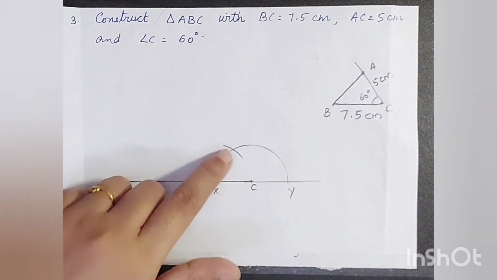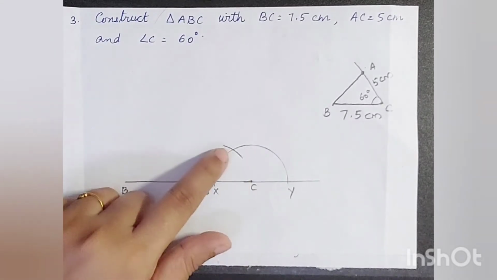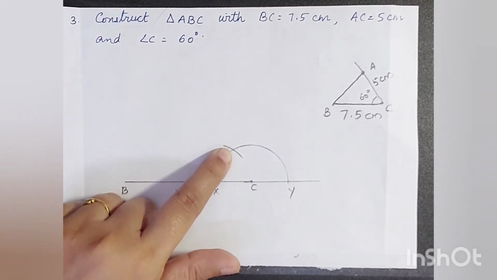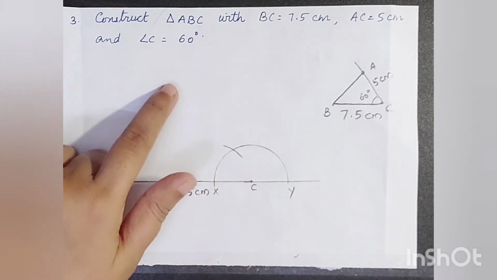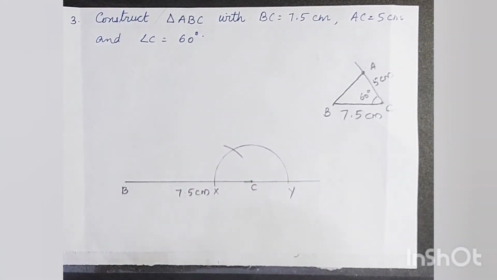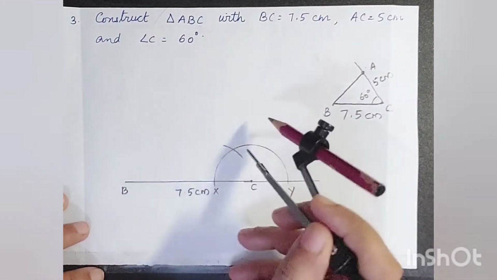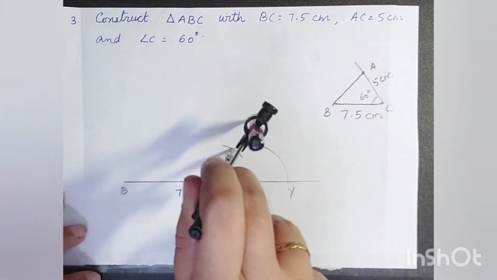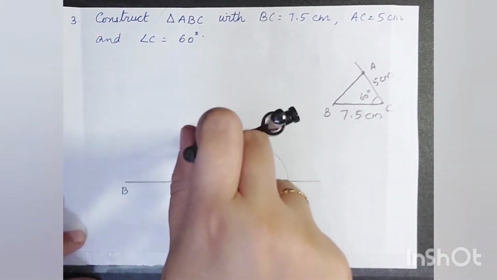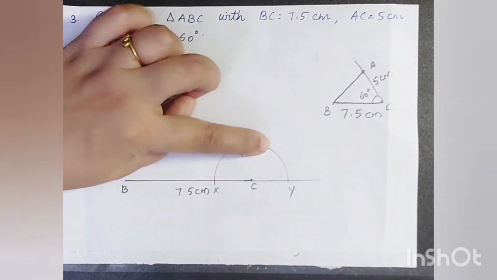Okay. Now if you join this C and this new point which we have got now, this line will be equal to 60 degrees. Okay. Now if you again keep the center at this new point and cut another arc here. Now you get another point here, right?